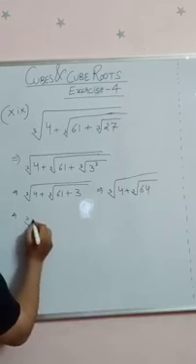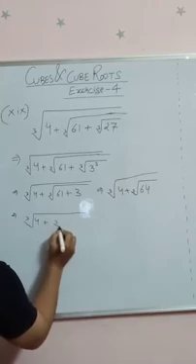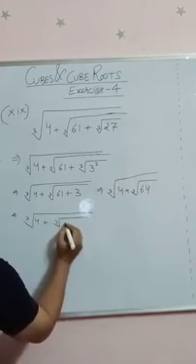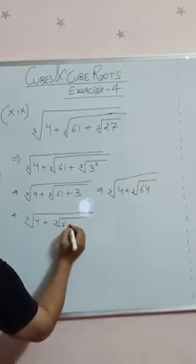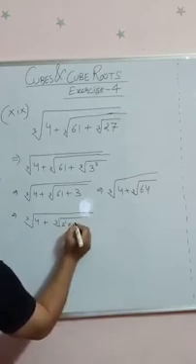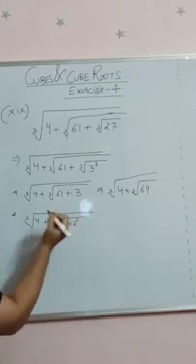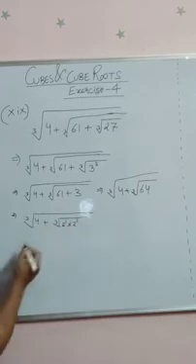It is the cube root of 4 plus the cube root of 64, which is actually 2 to the power 3 into 2 to the power 3, because it is actually 8 into 8, that is 64.